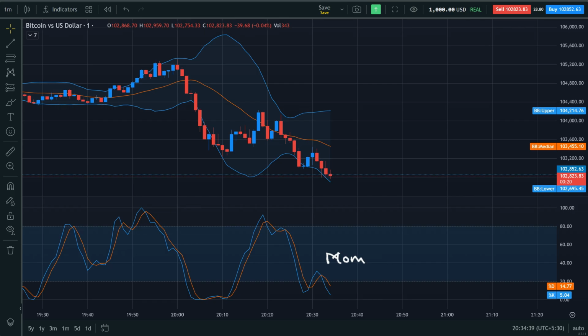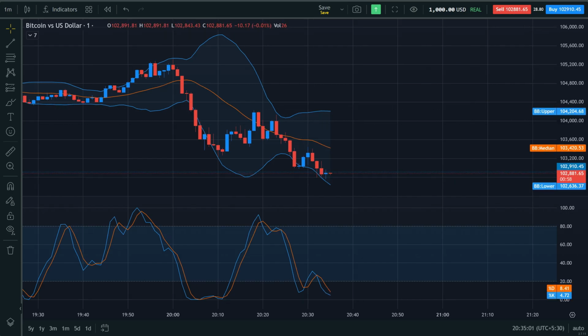So, combining these two indicators gives me a dynamic duo, one that tracks volatility and breakout opportunities, and another that fine-tunes my timing with precise overbought or oversold signals. This allows me to confidently navigate the trade and aim for the best possible results. Trading doesn't have to be overly complicated if you have the right tools and a solid understanding of how to use them. Let's see how these indicators play out in this live trade.